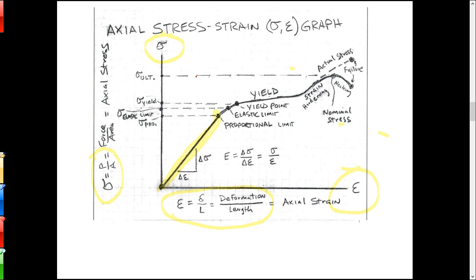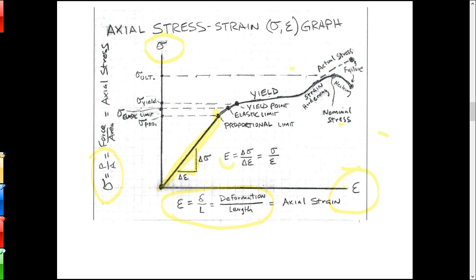There's what's called a proportional limit at the top of that graph. That's the limit of this linear relationship. The slope of this linear portion of the graph is delta sigma, the change in stress, divided by delta epsilon, the change in strain. That's the modulus of elasticity, E.